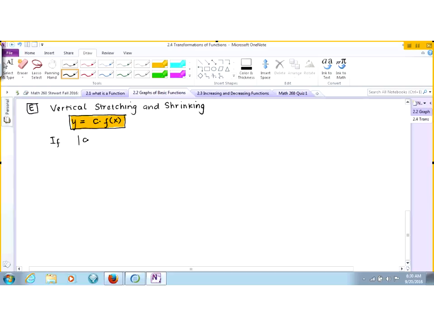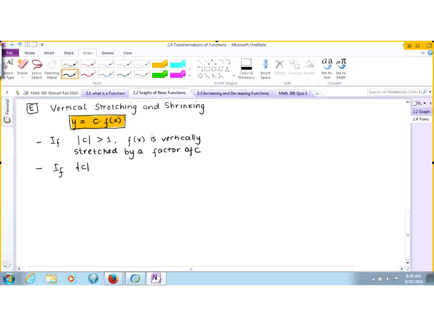Okay. So if the absolute value of c is greater than 1, then y equals c times L of x, and L of x is vertically stretched by a factor of c.